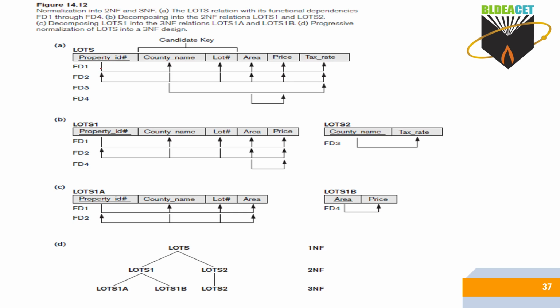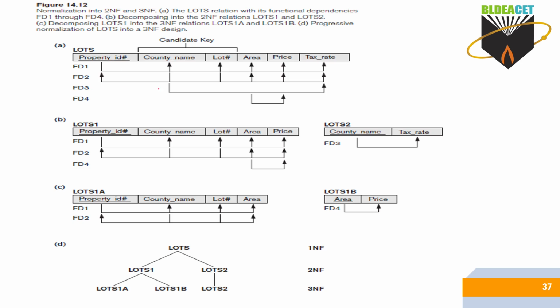Here they have given four different functional dependencies, FD1, FD2, FD3 and FD4. In the first functional dependency, all these attributes are functionally dependent on property ID. In the second, county name and lot are the two attributes, and the remaining ones, area, price, tax rate and property ID, depend on these two attributes, that is the candidate key.